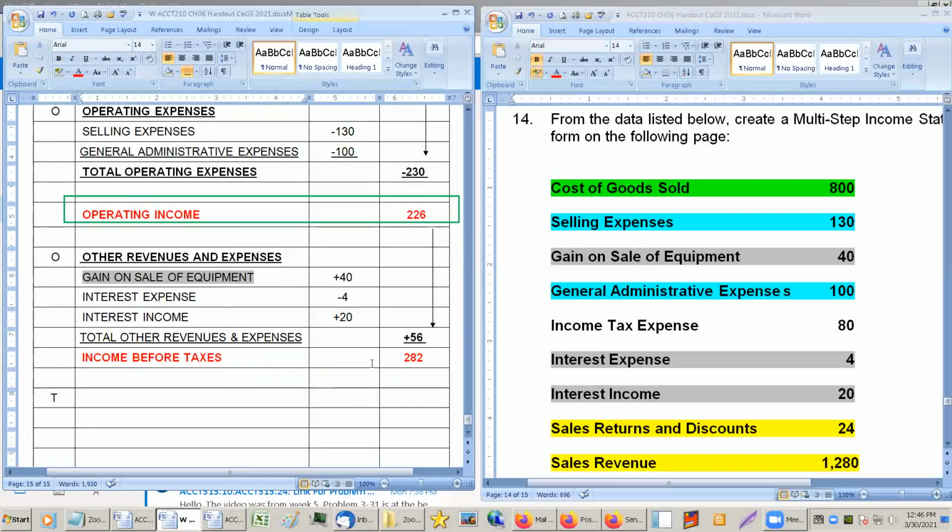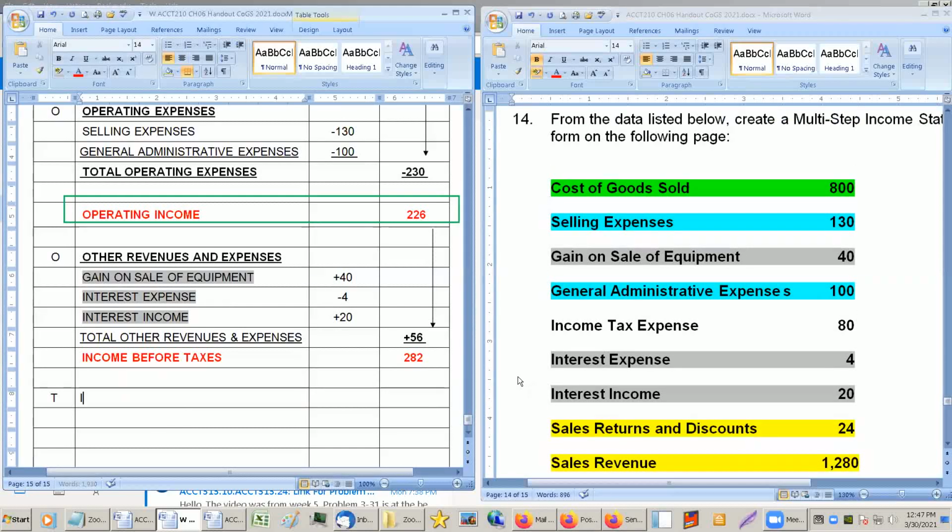This is another number sometimes people look at. And sometimes they'll add the interest expense back, and that'll tell you how much money they made before interest. But sometimes this can be deceiving because, for instance, that 40 gain on sale of equipment doesn't happen all the time.